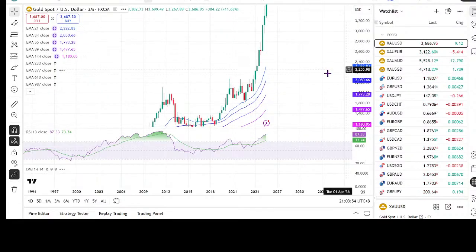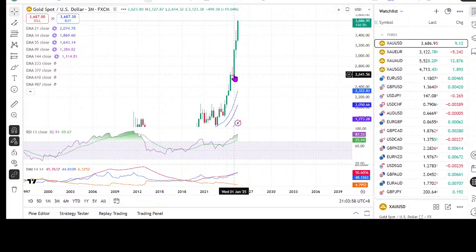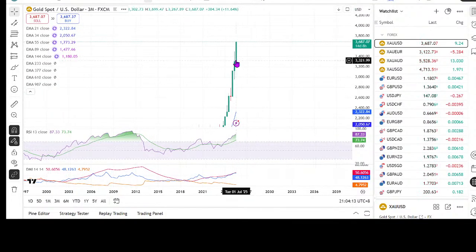The only thing it did, I'm looking at the quarterly, the only pullback we had was somewhere in April. We had some pullback. Then from July onwards, this is one-way traffic up.